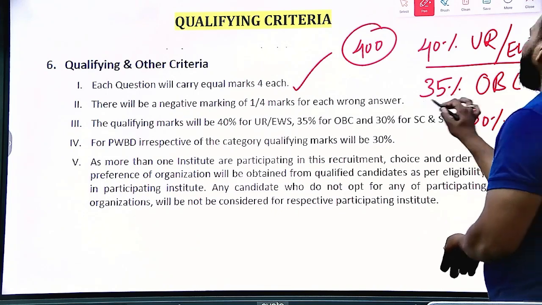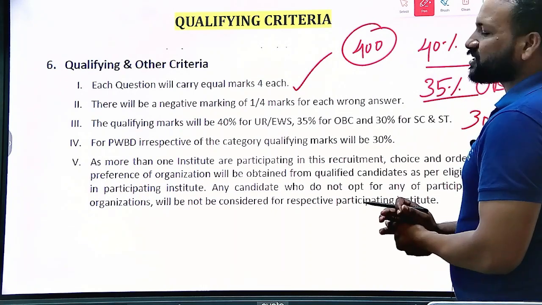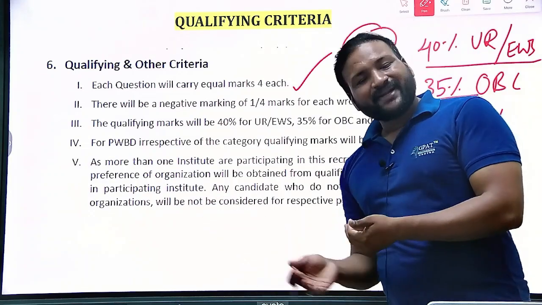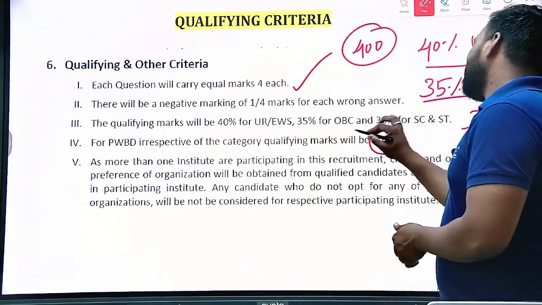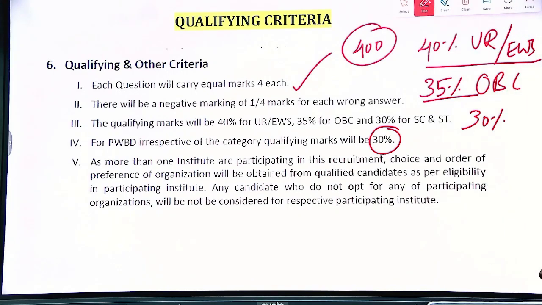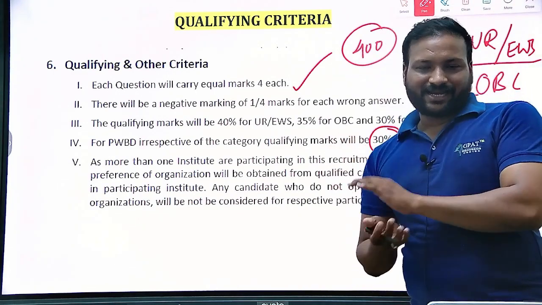So 35% for OBC and 40% for unreserved and EWS candidates, and persons with disabilities, PWD candidates, also should get 30%.